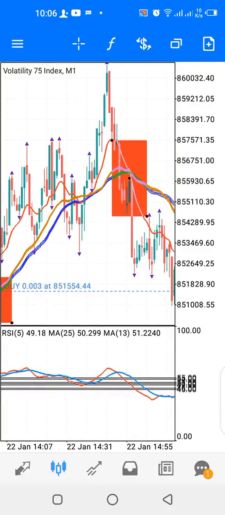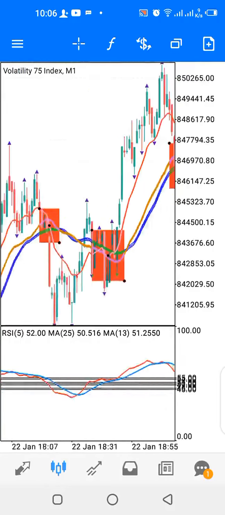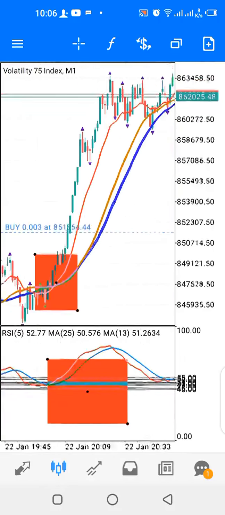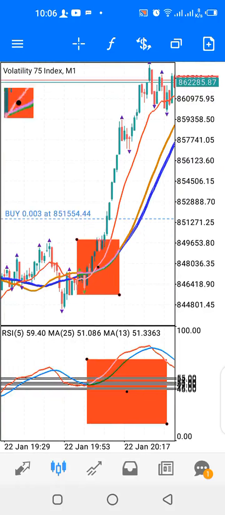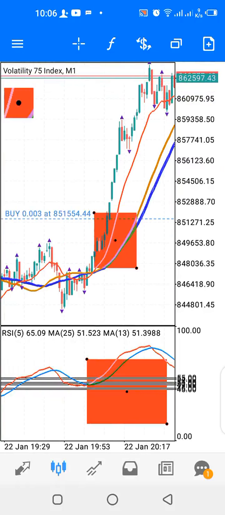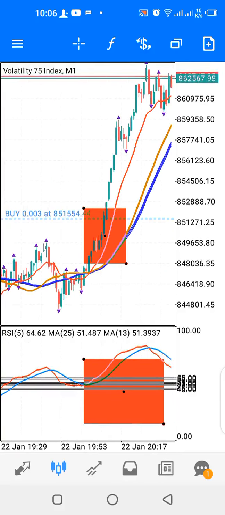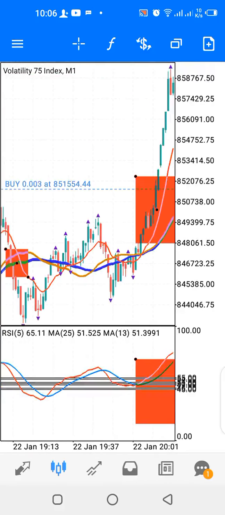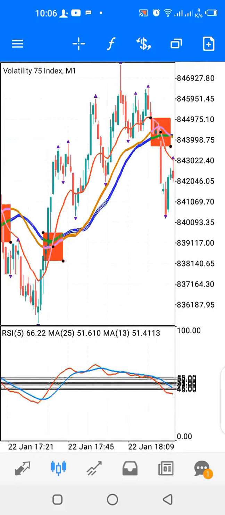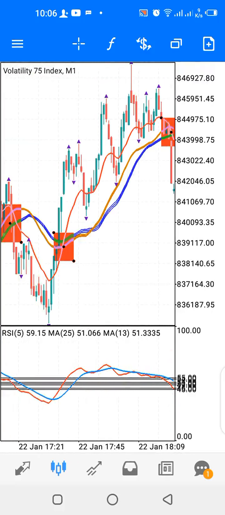And if you look at what happened, because it's up around here, I entered my buy trade somewhere around here, and see what price is doing. Okay, so that's basically how to use the indicators on the main chart.